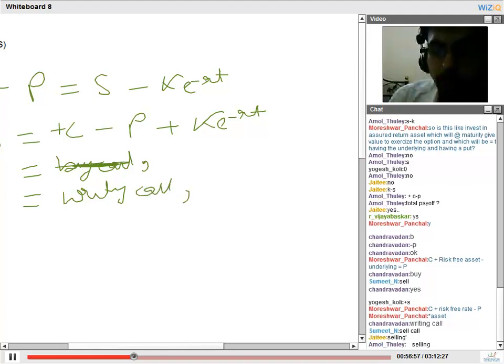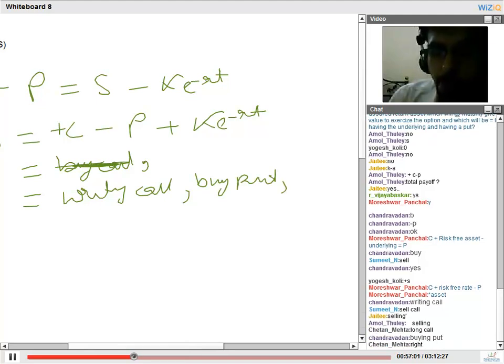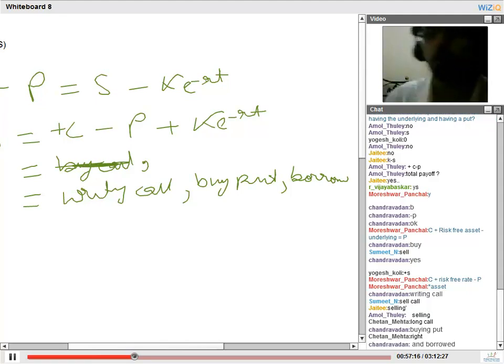Minus P will be buying a put. And plus K e raised to power minus RT will be borrowing, borrowing at the risk-free rate. So shorting a stock is equivalent to writing a call option on the stock, buying a put option on the stock and borrowing at the risk-free rate.